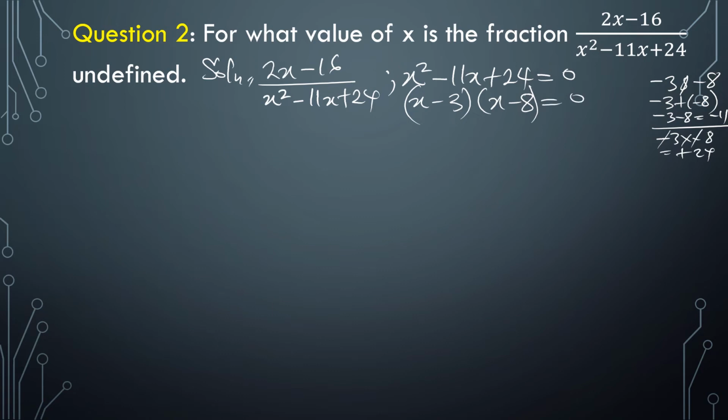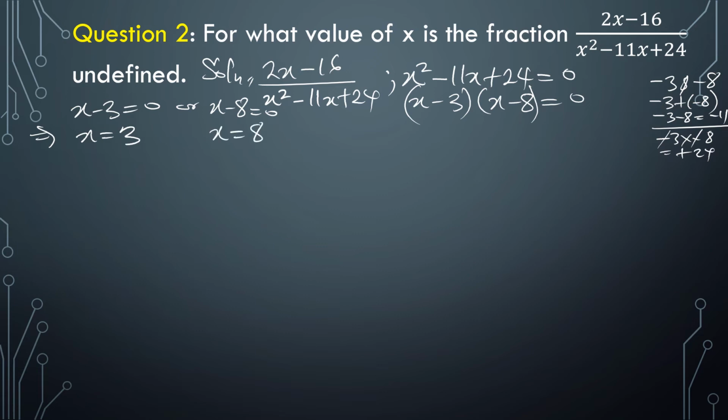Now if you factorize or if you expand, you're going to have x squared minus 11x plus 24 also. Now this simply means either x minus 3 is equal to 0 or x minus 8 is equal to 0. So from here, x is equal to 3, and from here x is equal to 8.